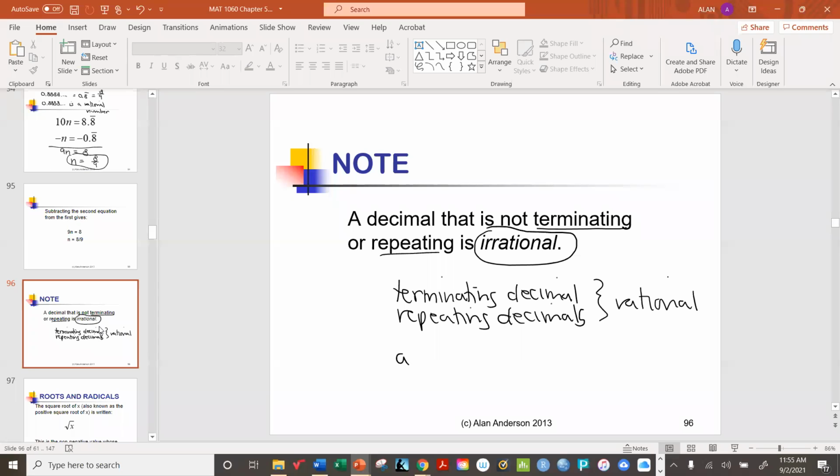All other decimals, by which I mean non-integers, are irrational. Okay, so that's the hint. So now, armed with this information, we can identify any number we may encounter as either being rational or irrational.